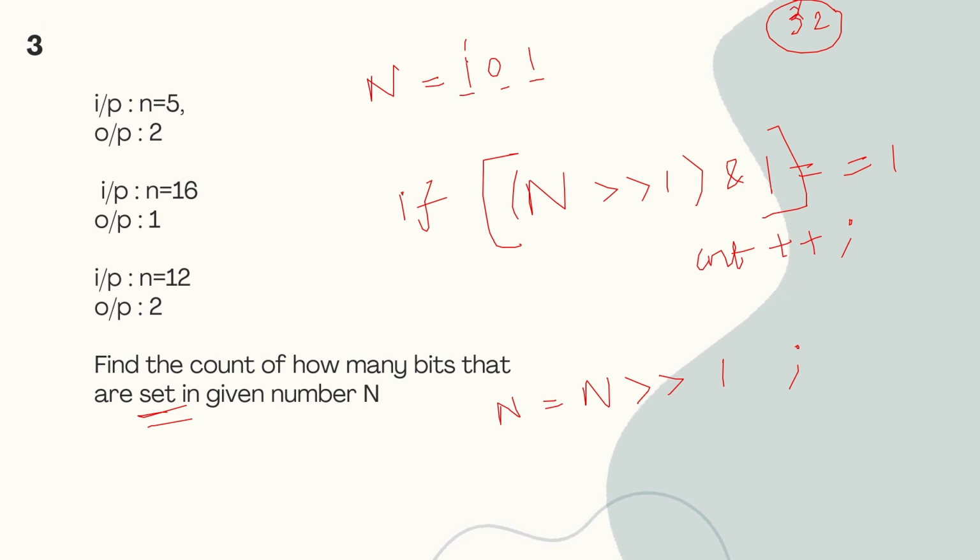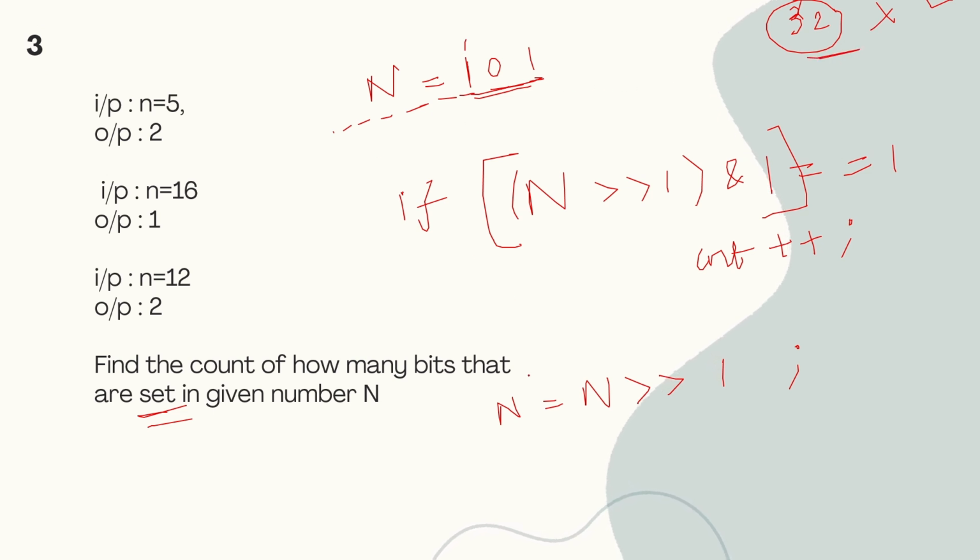Let's say in this number there are only 3 bits. That means you need to check only these 3 bits, because the remaining bits are all zeros. So is it really required to do it 32 times? No, there is no requirement for that.